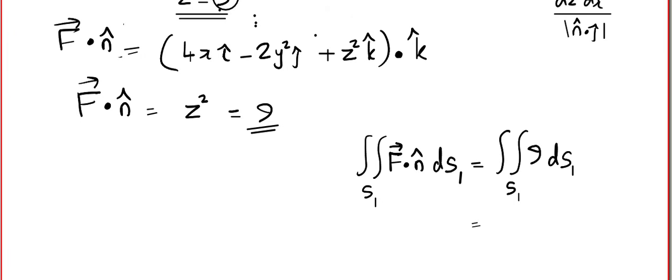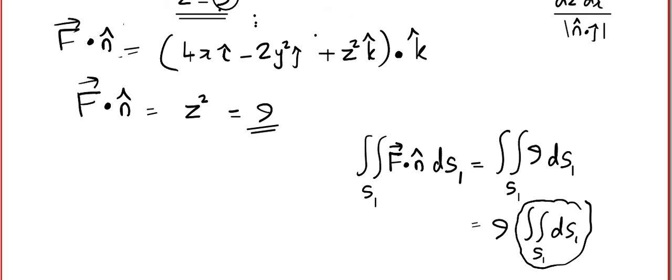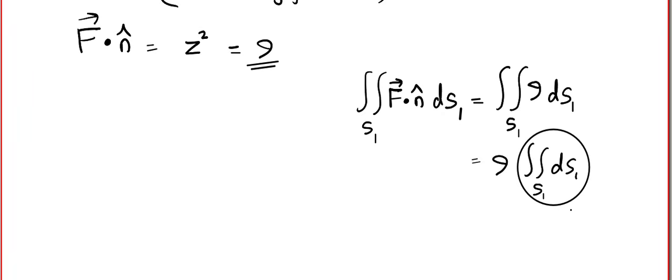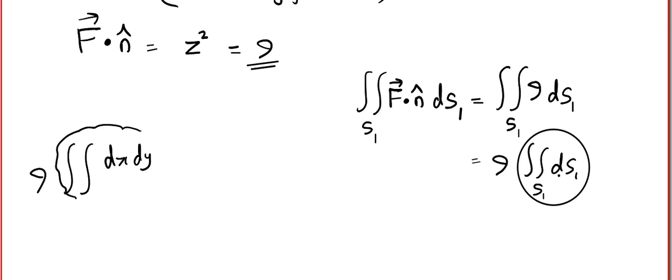The real advantage is 9 comes outside. Double integral of a surface. Now look at this. We know this surface is a circle, right? And you have to understand, okay, if you want, I'll put that formula and show you. This will be actually dx dy by mod k dot k, that will be 1. Actually, this is the area of that circle.